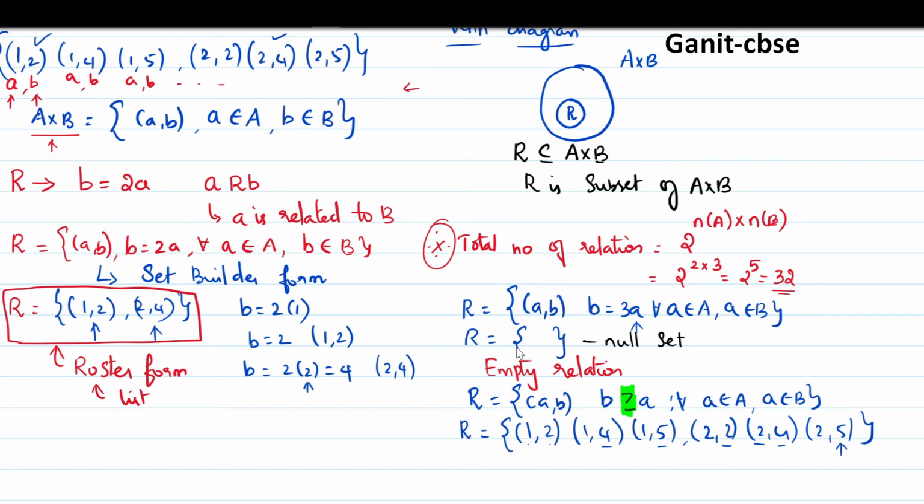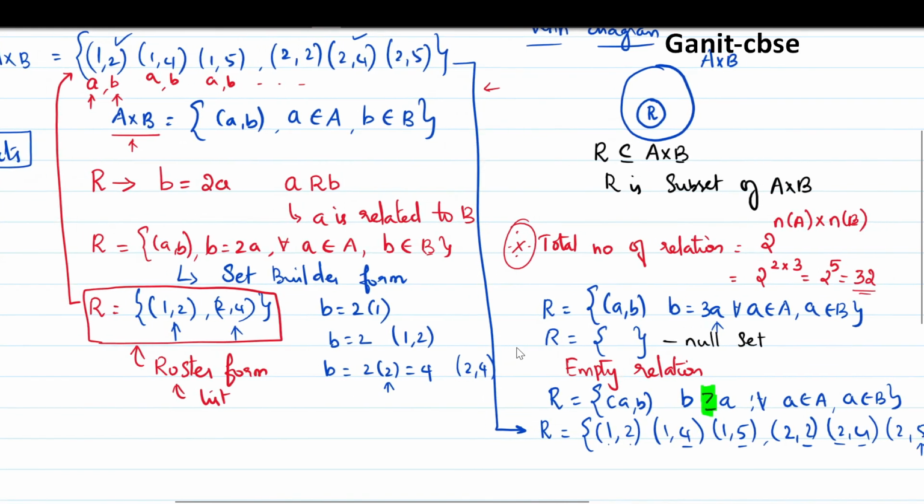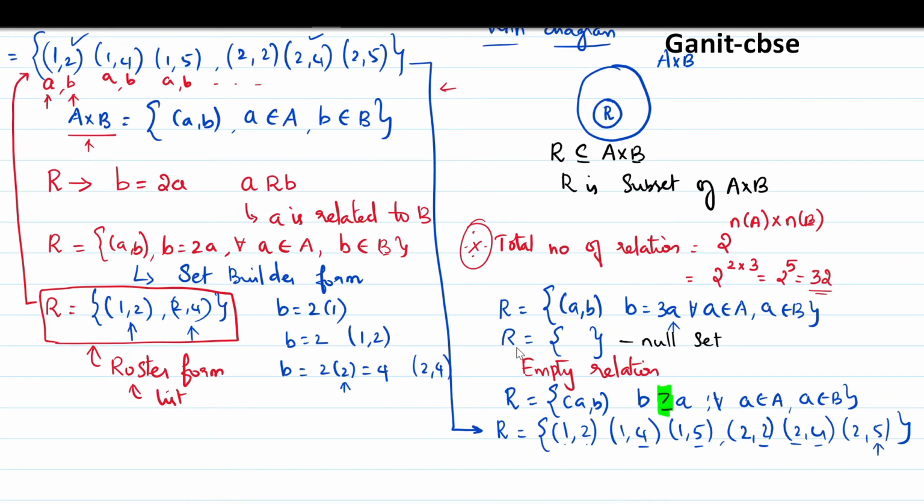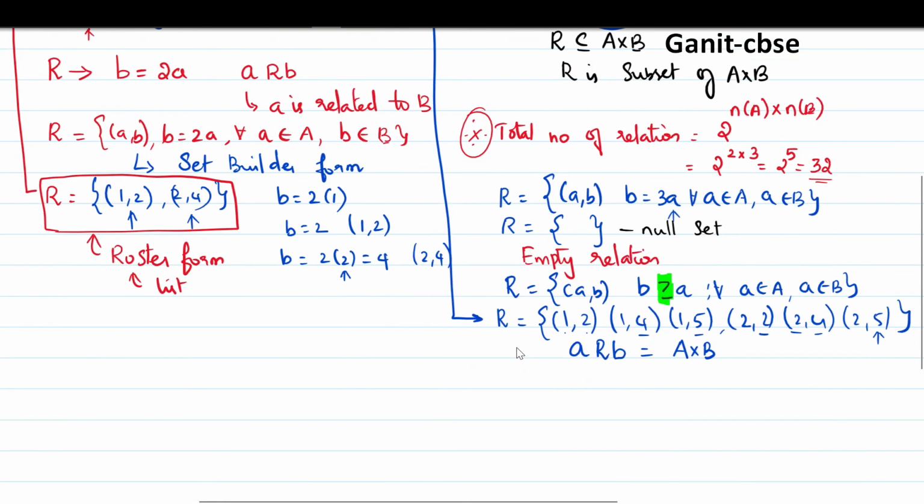If you observe, all my ordered pairs from A cross B got into this relation. So if a relation that connects A and B is equal to the Cartesian product of set A and set B, then we call this a universal relation.